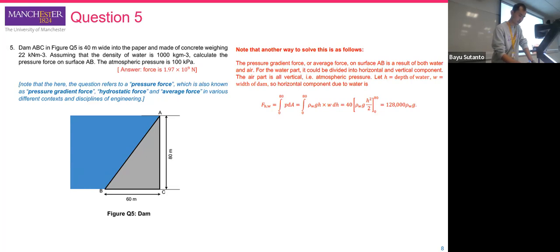So this is the mass of water, where it is A, B. For example, this is D. This is water. Because of gravitational force, it's going to be F vertical, the weight of water. This is for the vertical force.